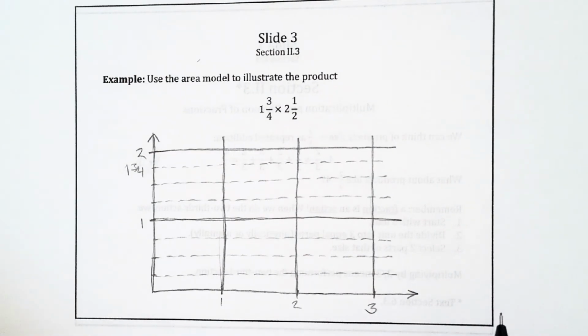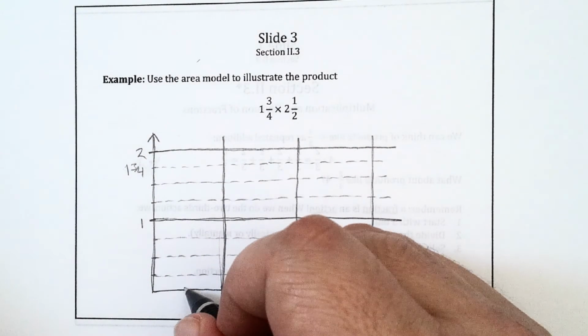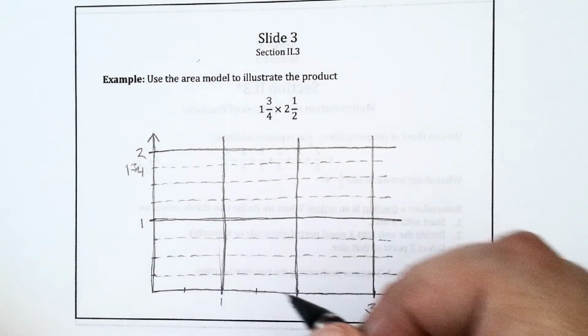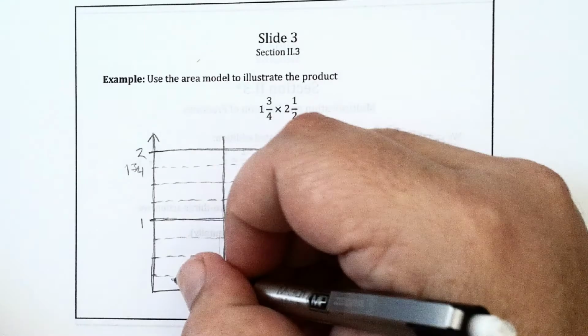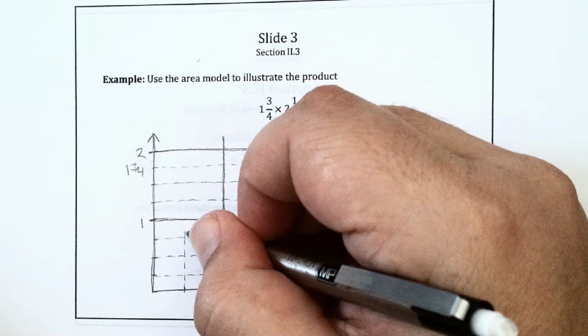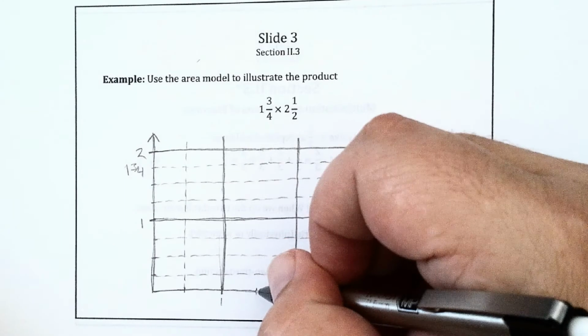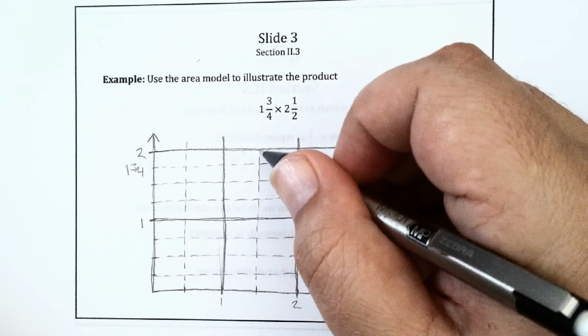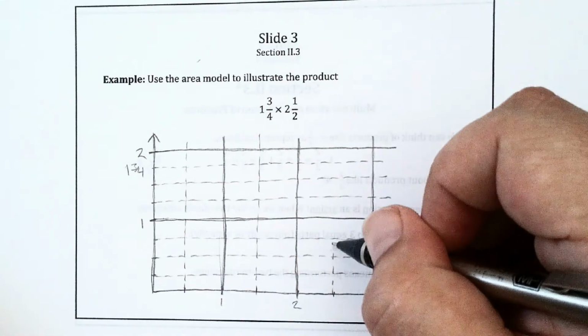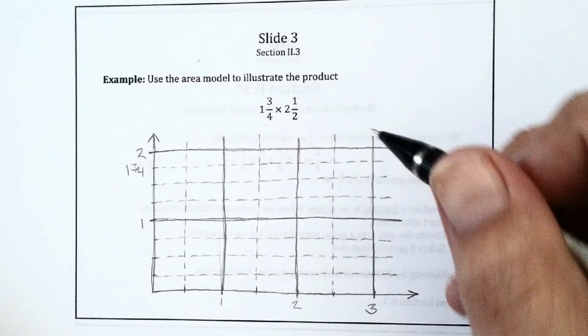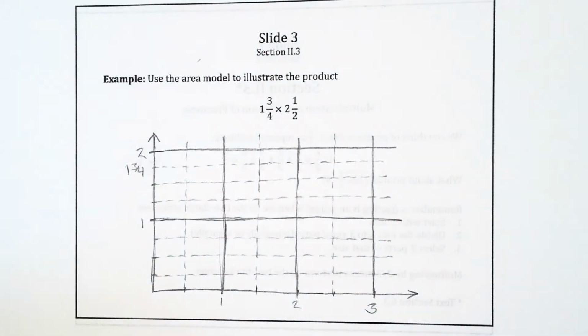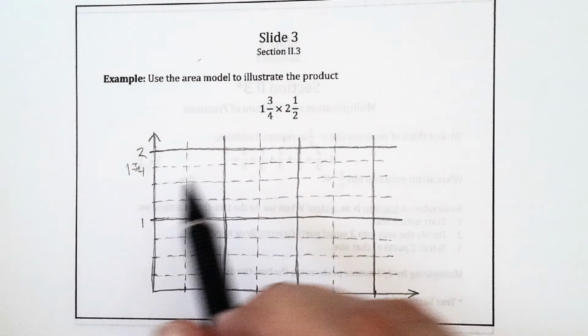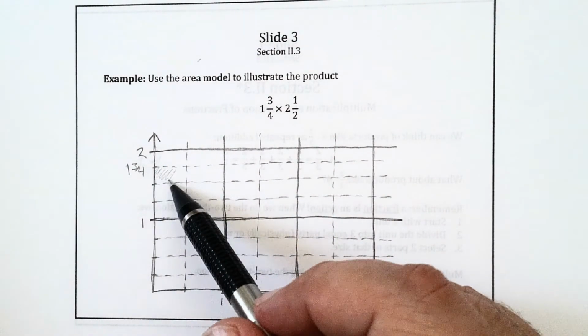And I'm multiplying that by 2 1/2, so I need to divide each of the horizontal intervals into 2 equal parts. Okay, now I shade in the area that represents the product, 1 3/4 times 2.5.